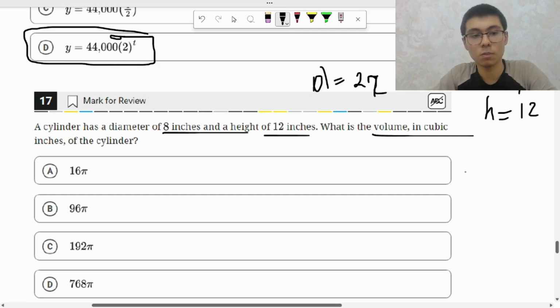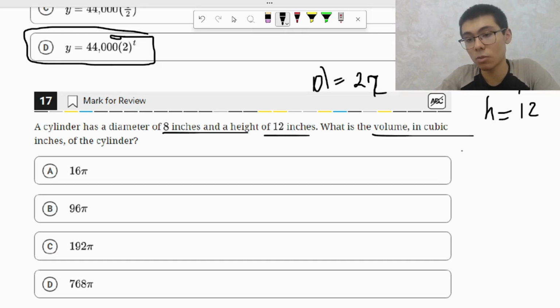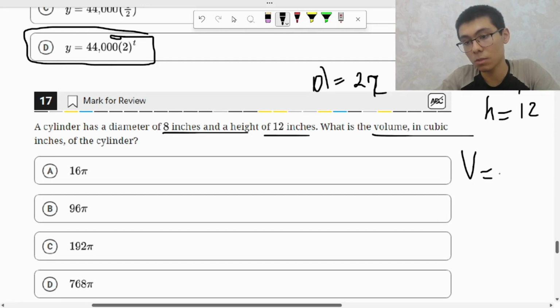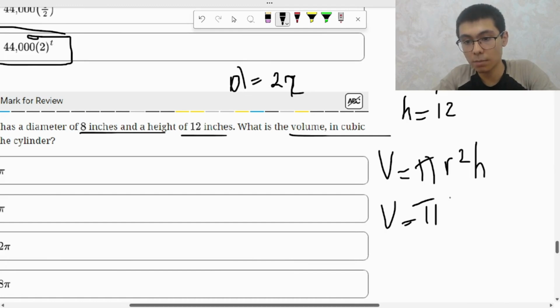What's the volume of a cylinder? I guess there is a formula in the reference part, but I still know the formula. Volume equals pi r squared multiplied by h. So V equals pi multiplied by 4 squared multiplied by 12.